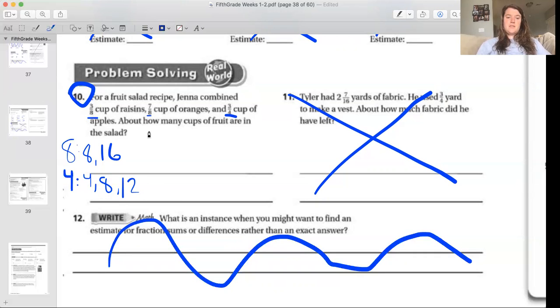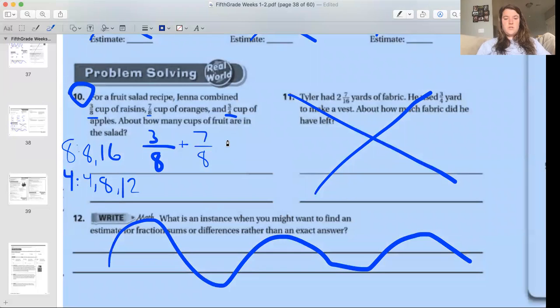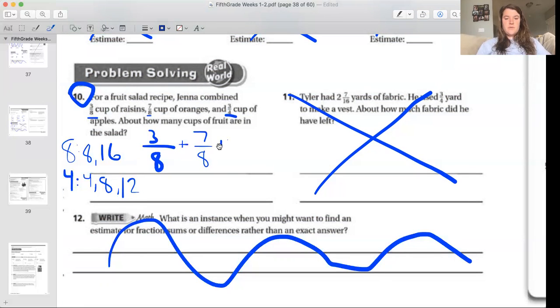So 3/8 doesn't actually have to change because it already has 8 in the denominator. And then we're going to add it to 7/8, which also gets to stay the same because it already has 8 in the denominator. And then the only fraction we actually have to change here is the 3/4 because there's no 8 in the denominator.